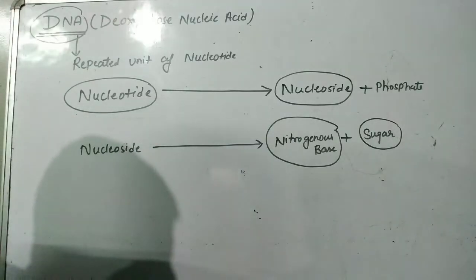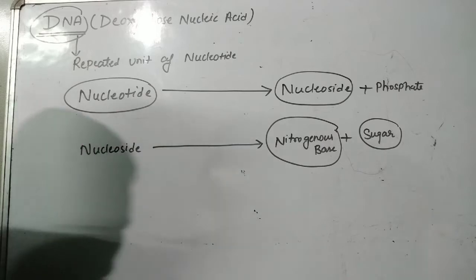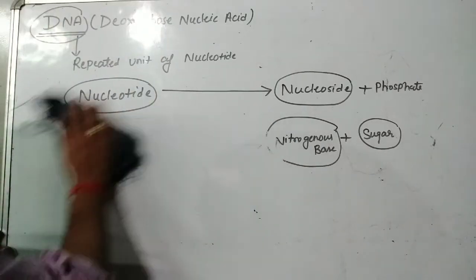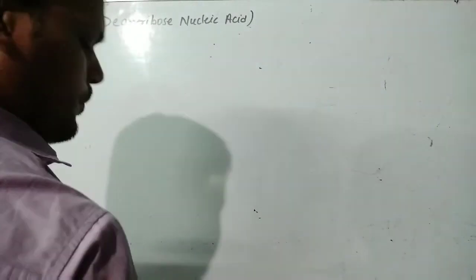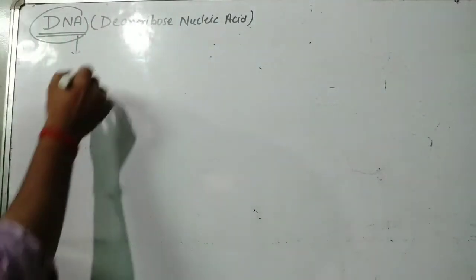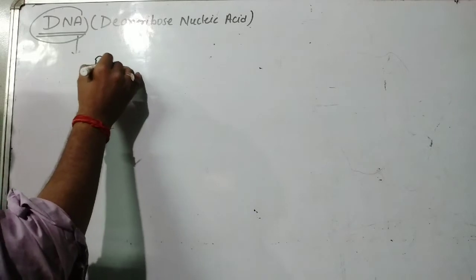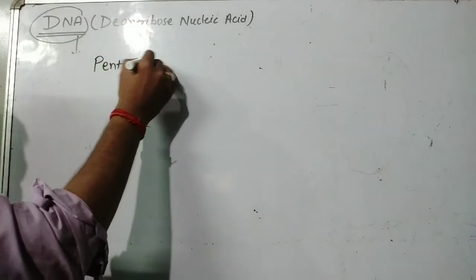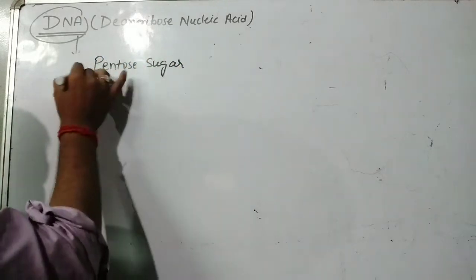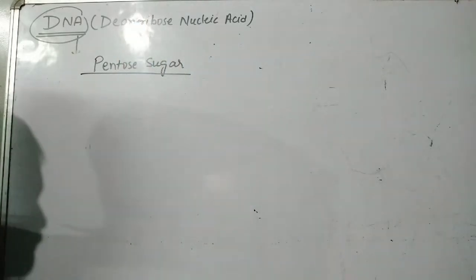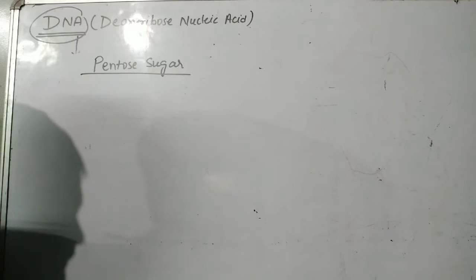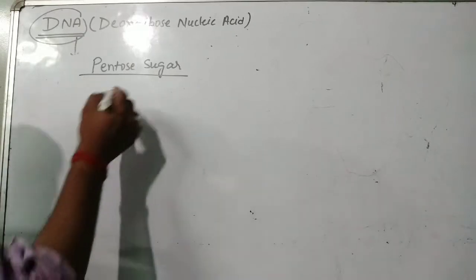Now, we are going to start with sugar. Let us see the structure of the sugar. This is pentose sugar. That means it is made up of 5 carbon atoms. Now, let us see the structure.